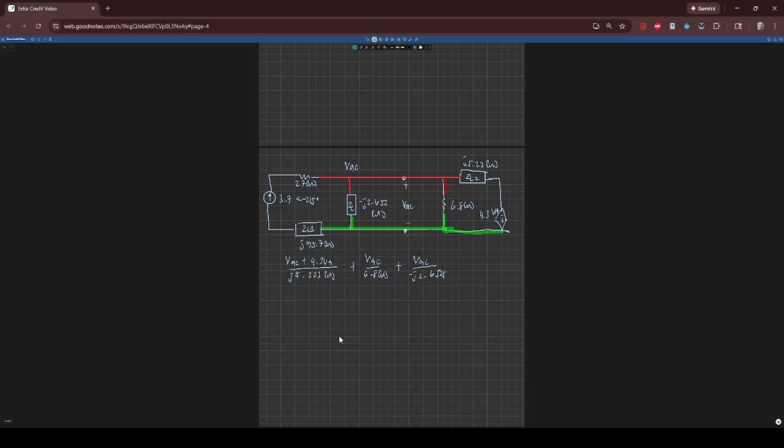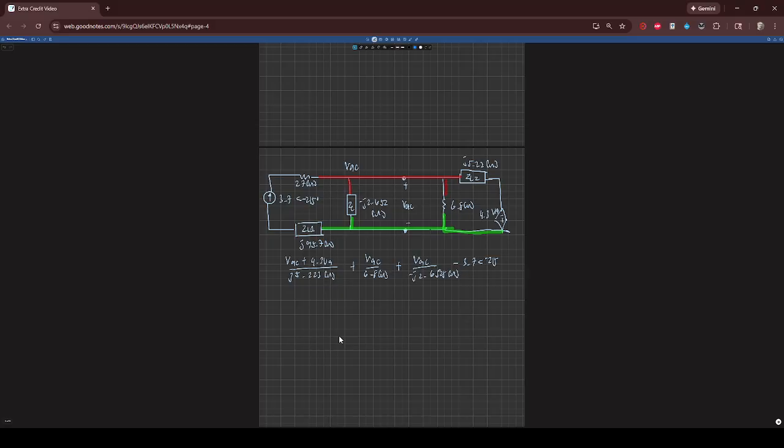And notice how the current right here is actually flowing into the node. That means it would be negative. So it's negative 3.7, with the angle of negative 215 amps. And then set it equal to 0.